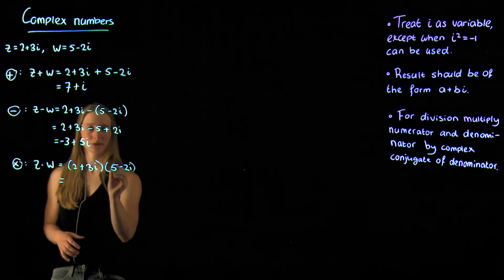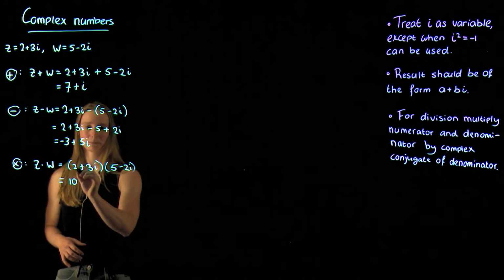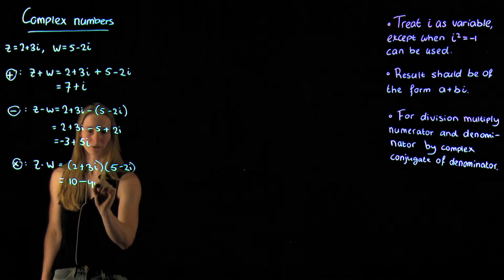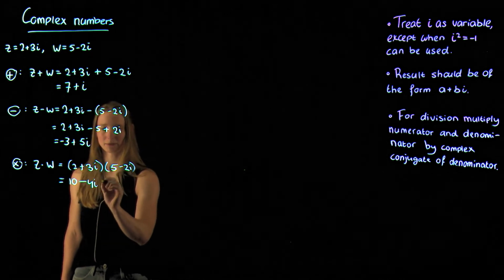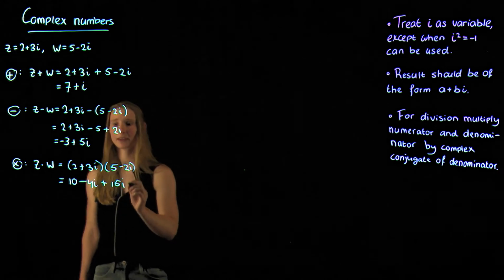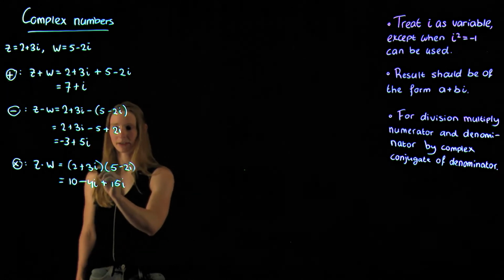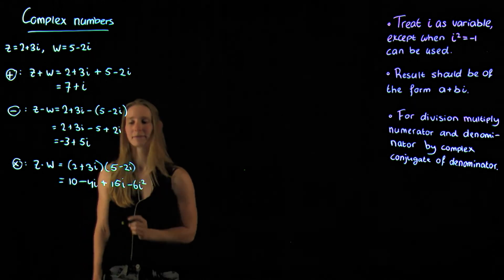So we get 2 times 5 is 10, plus 2 times minus 2i, so minus 4i. And then here we get 3i times 5, so plus 15i. And then for the last part we get 3i times minus 2i, so minus 6i squared.